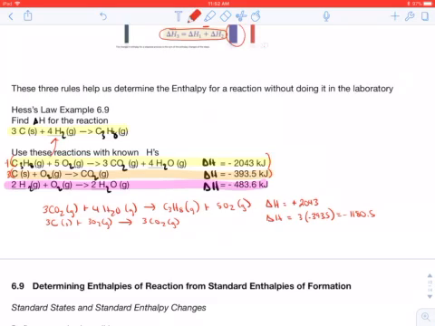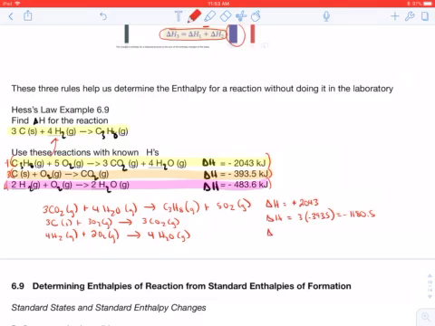I'm going to multiply this whole reaction by 2, which is going to give me 4H2 gas plus 2H2 gas. How about O2? All right, arrow, and then we get 4 waters, H2O gas.